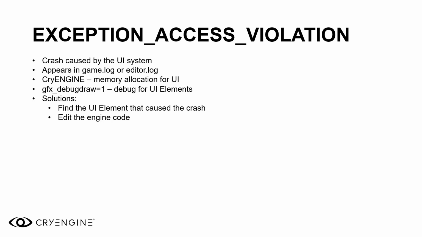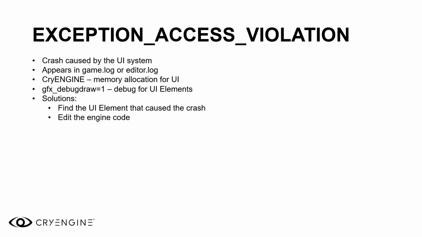So, exception access violation. If you see this, that basically means that something is wrong with the UI. It appears in game.log or editor.log. It can happen both in the game and the editor.